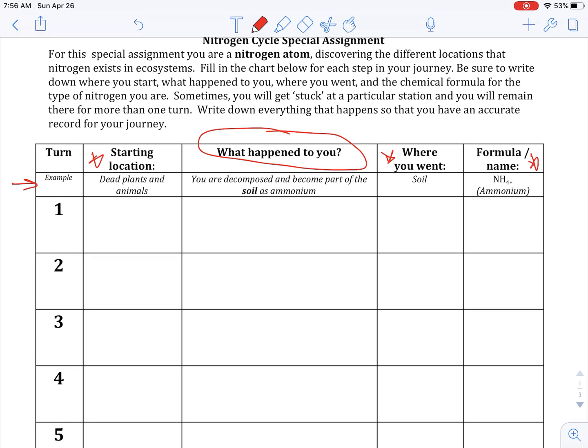You did that through being decomposed and becoming part of the soil as ammonium. You can see ammonium here is your form name at the end. So what you want to focus on for the form name is what we see at the end here.